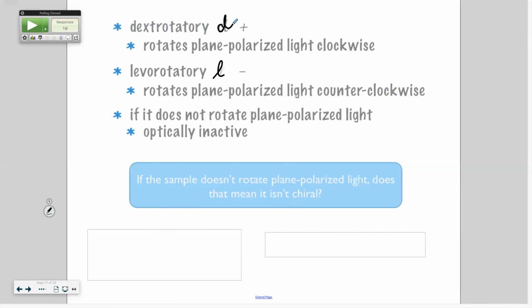No, it just means... What if I had this and I had the mirror image and I had both of them together in my mixture? One is rotating it this way, the other one is rotating it this way. So what happens to my rotation? I get 0, okay?